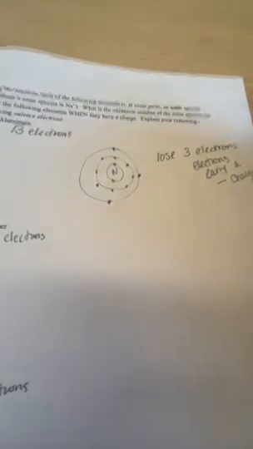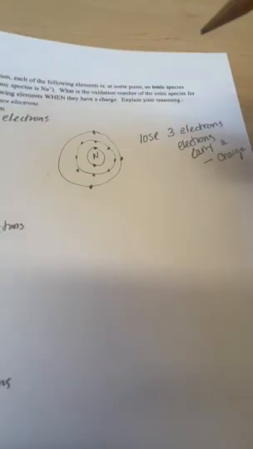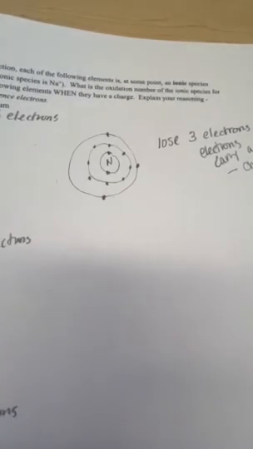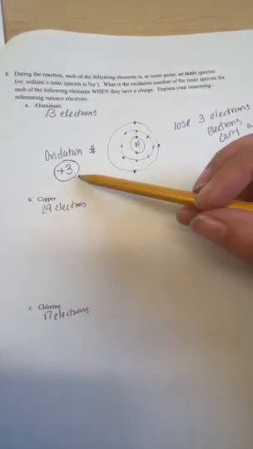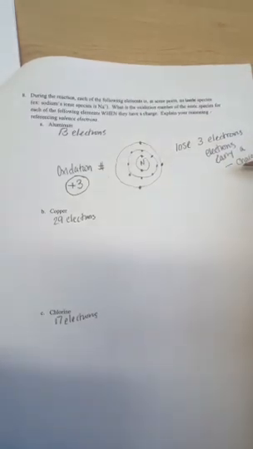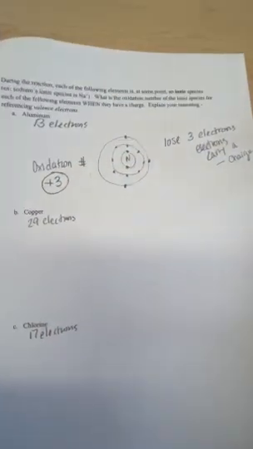So for this one, our oxidation number is equal to the ionic number that we have, and that's going to be plus 3. That's what we're going to stick with, because we have to lose 3 electrons, which means we're gaining a positive charge. Same thing down here for chlorine.